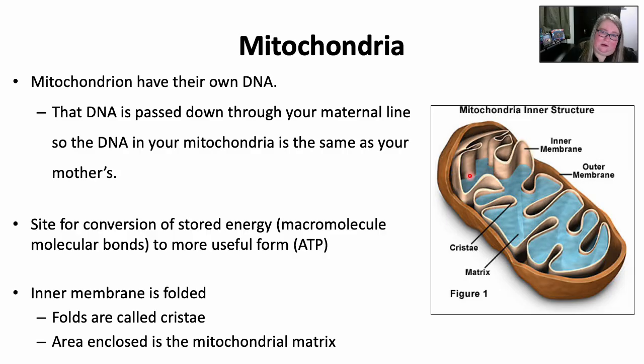Okay, now inside the inner membrane is what we call the mitochondrial matrix. Okay, so it's this fluid that's going to fill in between the cristae and between the folds. As I said, we'll talk about endosymbiosis in more detail as we go into a couple more lectures, but kind of cool.